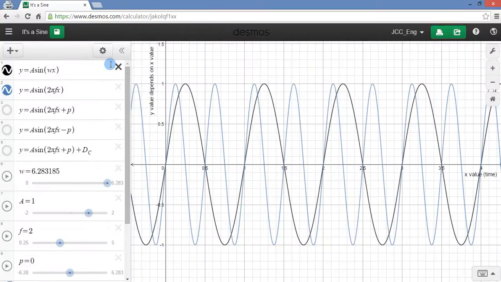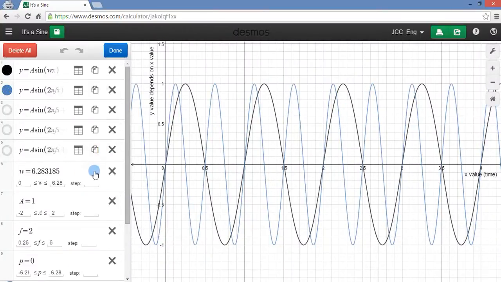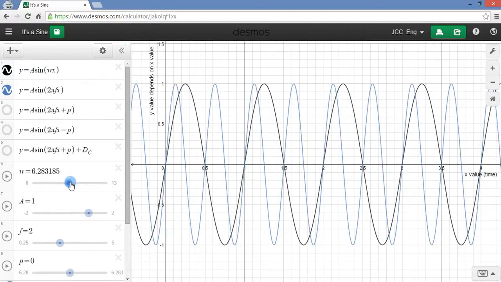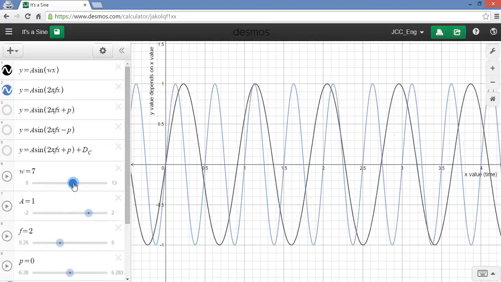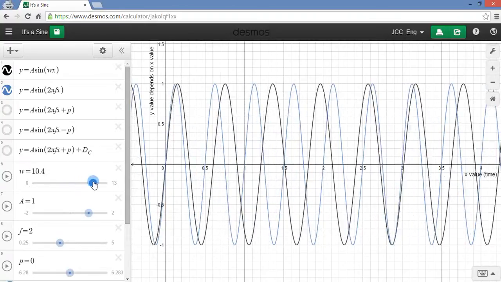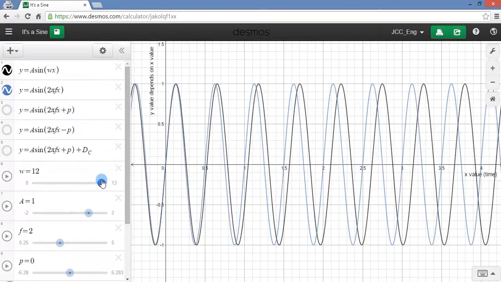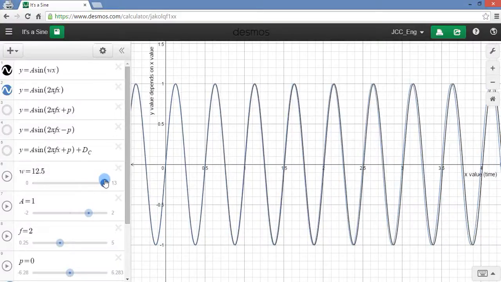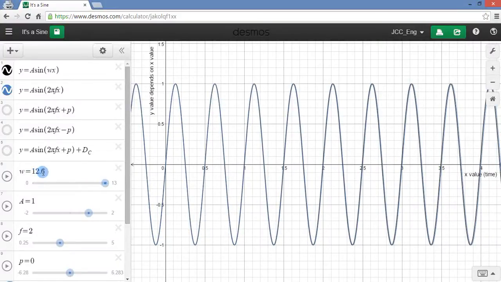So let's change this slider here to see if we can change omega to step up to, I don't know, 13, something like that. So when the frequency is 2, let's get them to match up. There you go, that's 4 pi. So it all adds up, which is reassuring really.